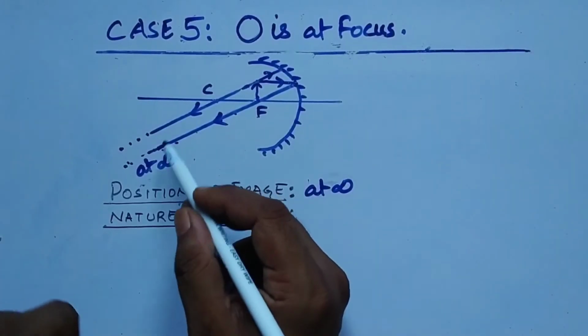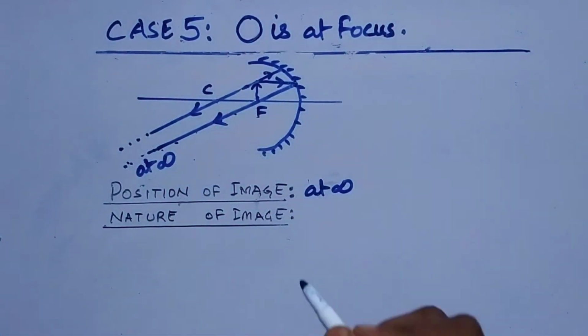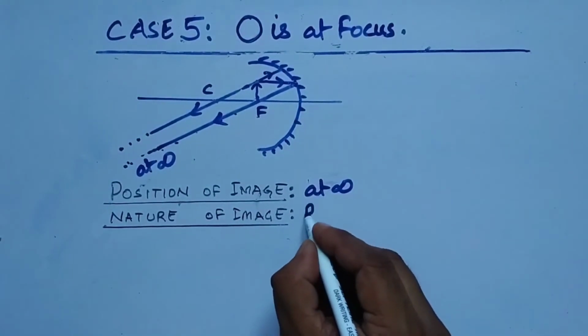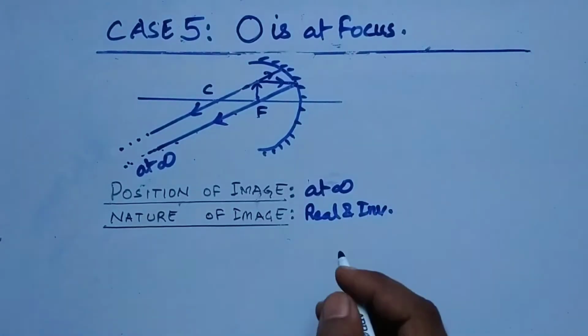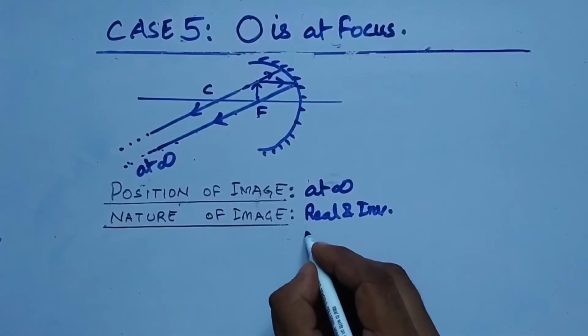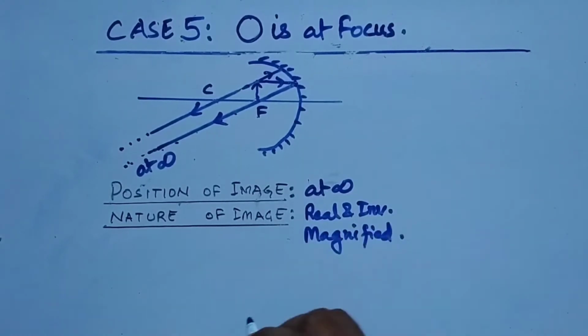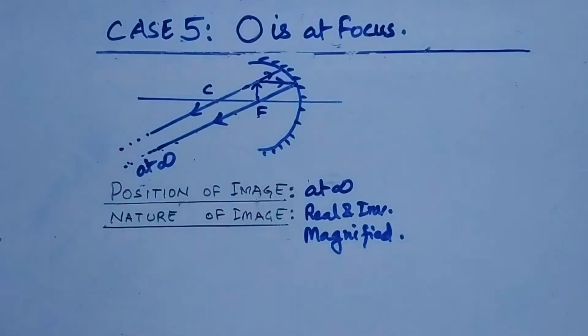Since these rays are going to meet each other at infinity, the image formed will be real and inverted. And what about the size of the image? It will be magnified. Magnified or enlarged image will be formed.